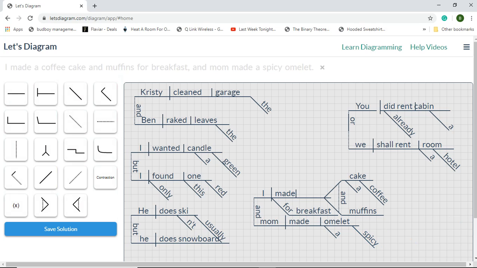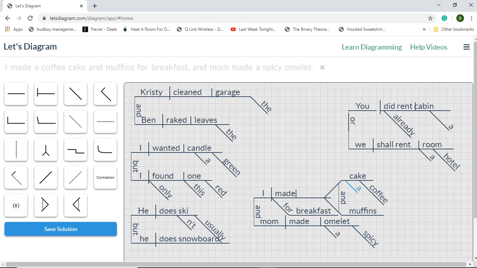Look at that. So, I made a coffee cake and muffins for breakfast, and Mom made a spicy omelet. I is the subject of our first clause. Made is the verb of our first clause. For breakfast is a prepositional phrase. For is the preposition. Breakfast is the object of the preposition. Cake and muffins are compound direct objects. And is a coordinating conjunction connecting cake and muffins.